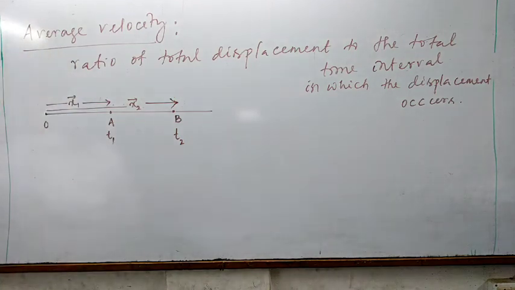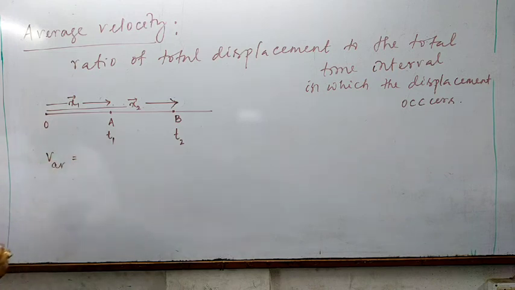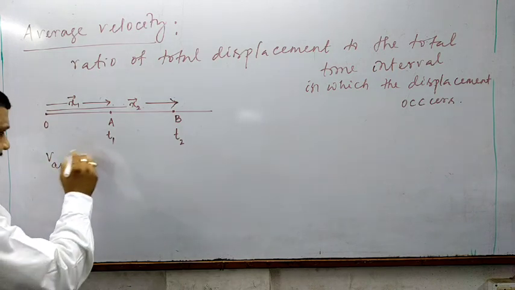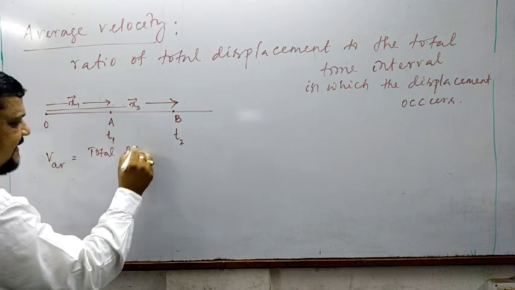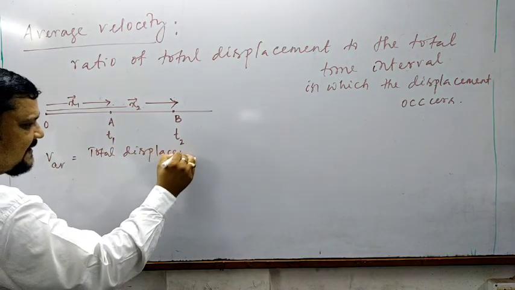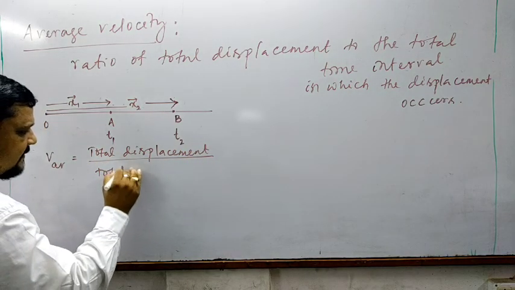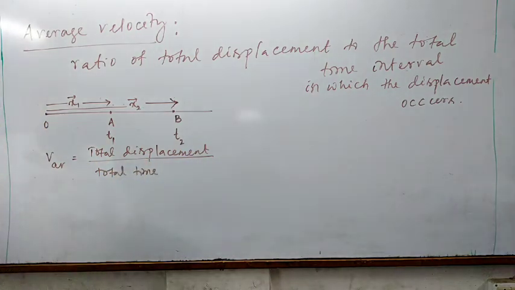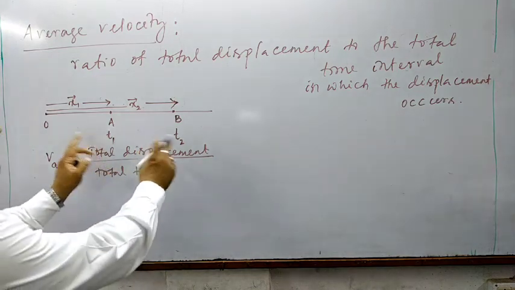Then if I ask you what is the average velocity, V average is equal to the total displacement by the total time interval to cover this displacement.